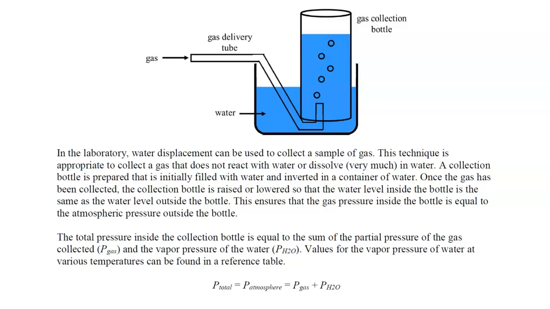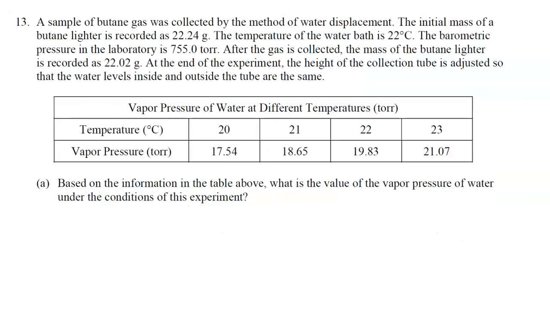Now, let's take a look at question 13. Question 13 says, a sample of butane gas was collected by the method of water displacement. The initial mass of a butane lighter is recorded as 22.24 grams. The temperature of the water bath is 22 degrees Celsius.